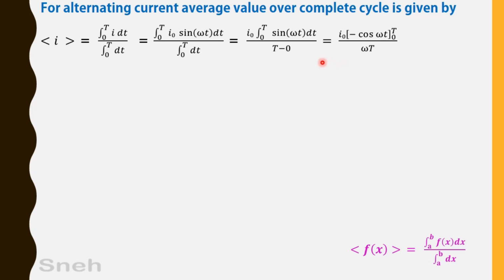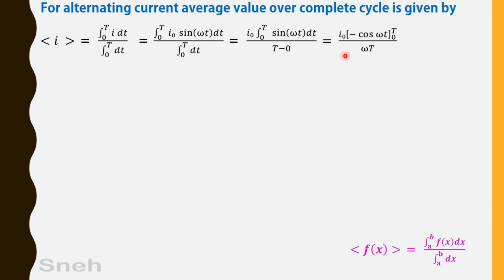So this entire term we can write as I0 in brackets minus cos of omega t with limits of integration from 0 to T, divided by omega T. The T comes from here, and omega came from the integration process.